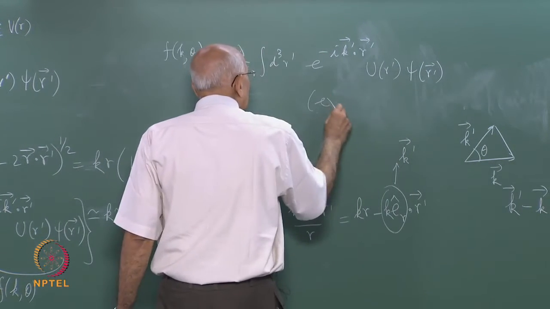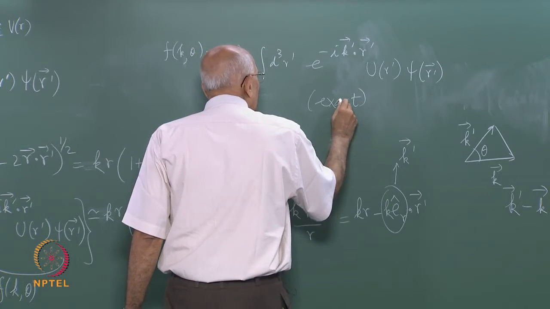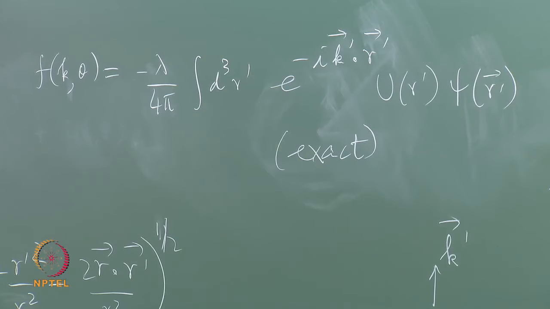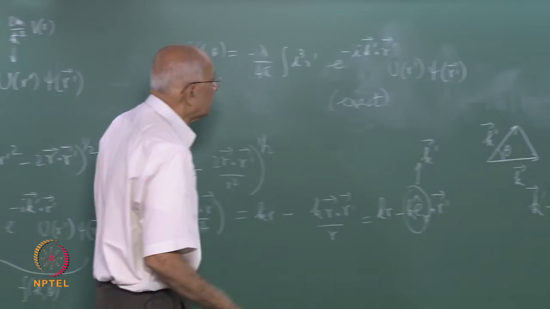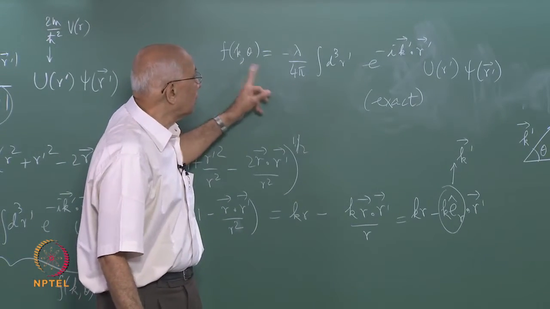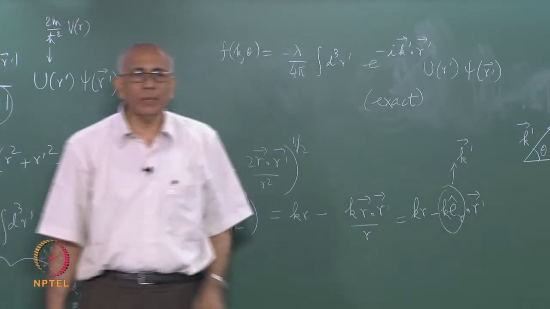This is exact, no approximation at all. The catch is, to find this quantity you need to know the solution to the Schrodinger equation everywhere.